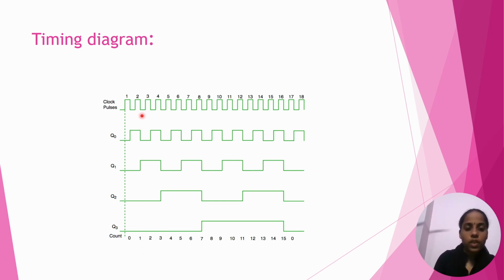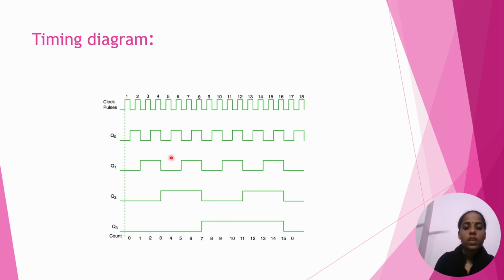Likewise, all these show the counting purpose, because counters can count any clock pulses in this timing diagram. This is all about asynchronous and synchronous counters.